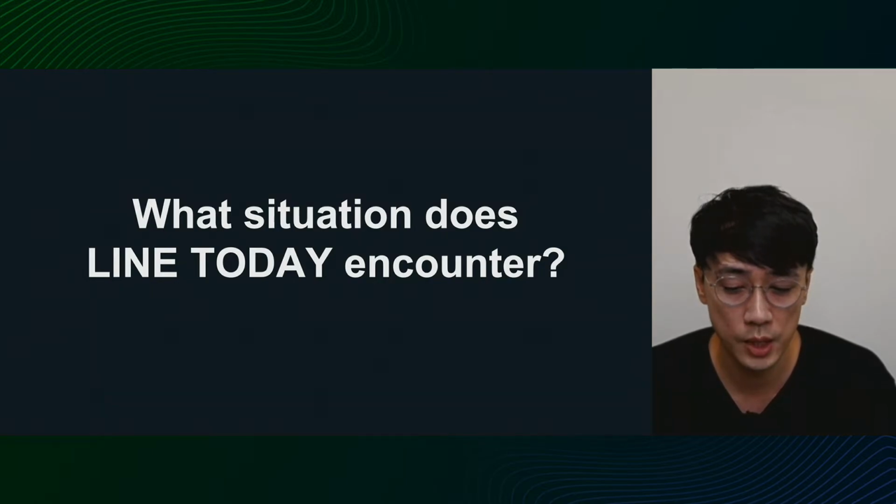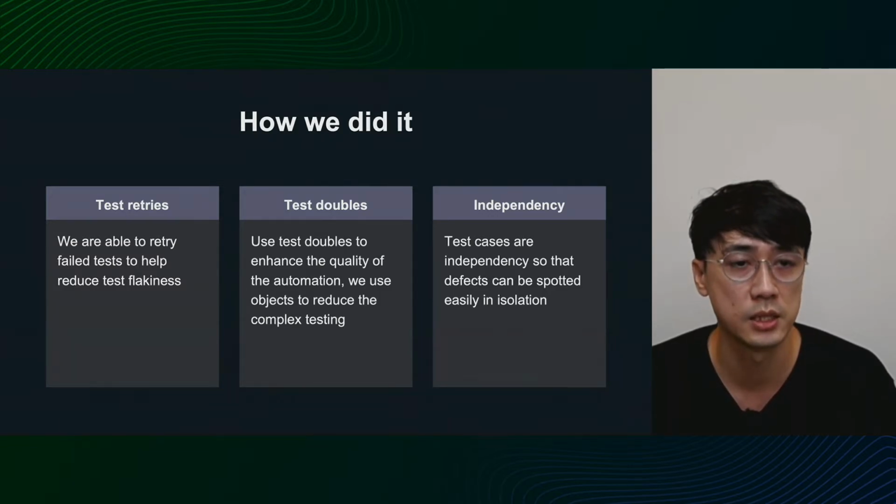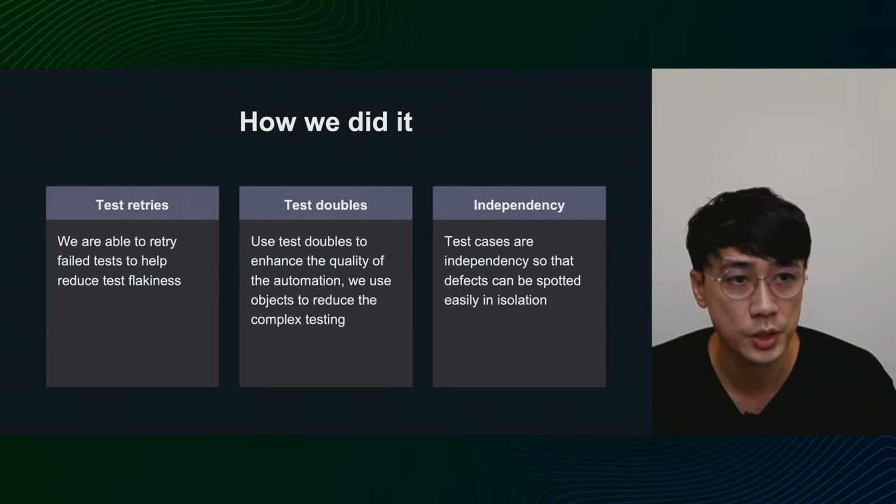So what situation did LINE Dev Day encounter? Before I talk about what problem we encountered, I want to share that actually the LINE Dev Day automation framework has really high stability. How did we do it? One, the test retry. We are able to retry the failed test to help reduce test flakiness. Two, the test double.